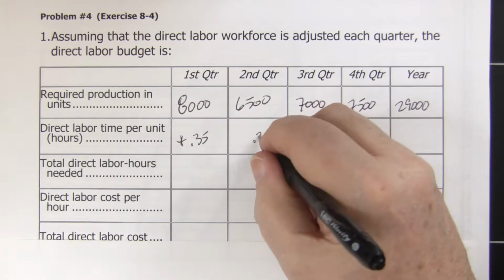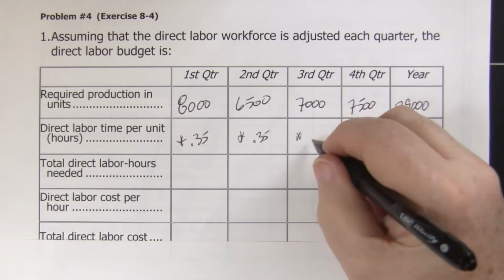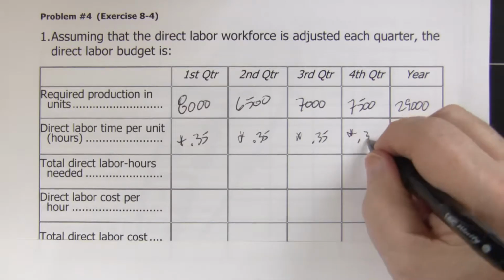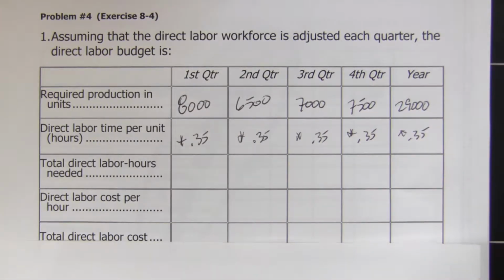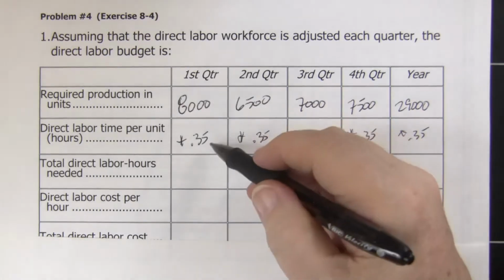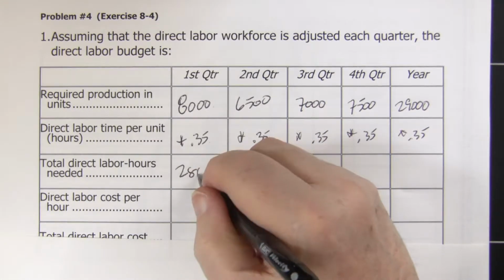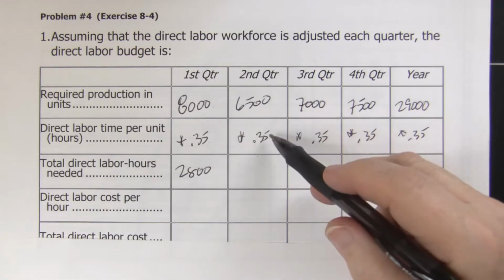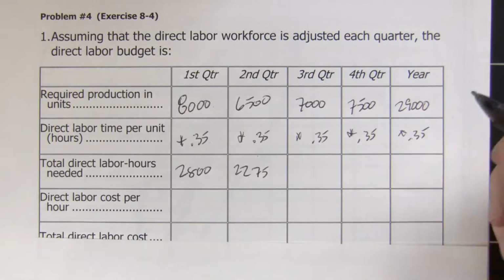So we have to multiply each of those by 0.35 to see how many hours we're going to need. 0.35 times 8,000, 2,800. 0.35 times 6,500, 2,275.